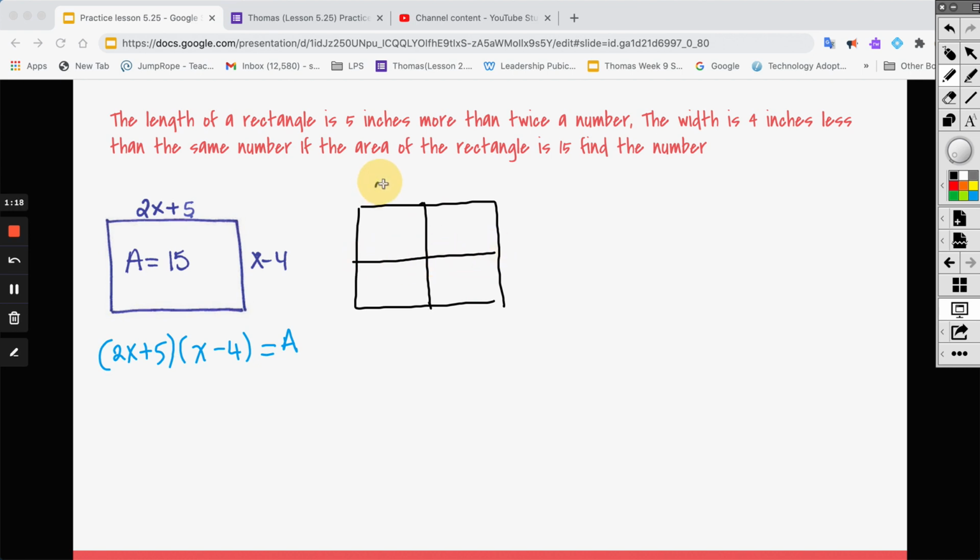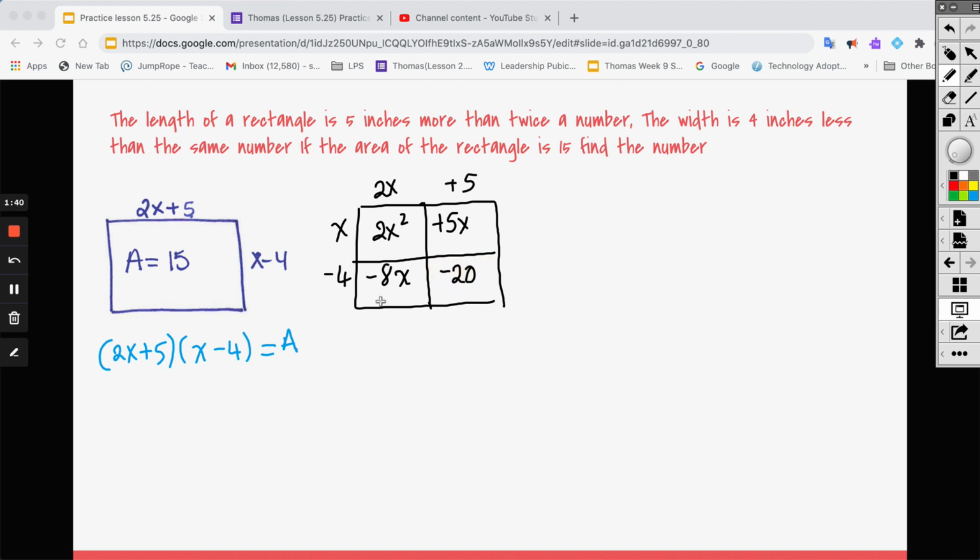So we have 2x plus 5, and then we have x minus 4. So this is going to be 2x squared plus 5x. X times 5 is 5x. 2 times 4, that's going to be a negative 8x. And then negative 4 times 5, that's a negative 20.